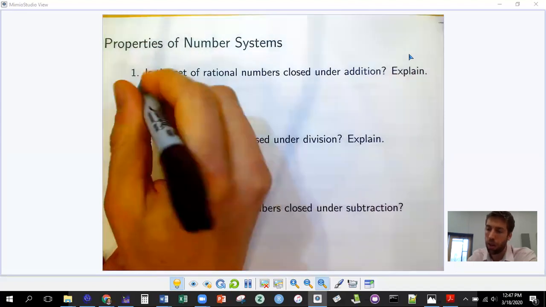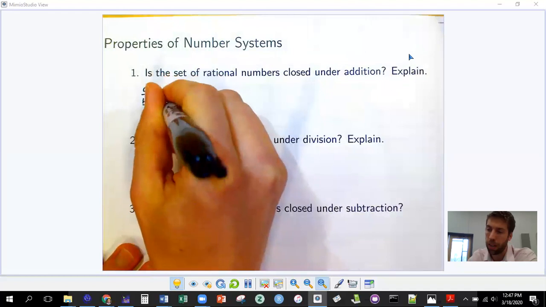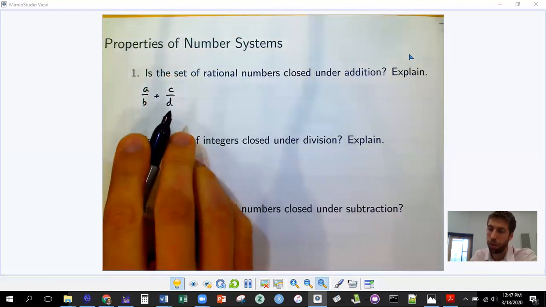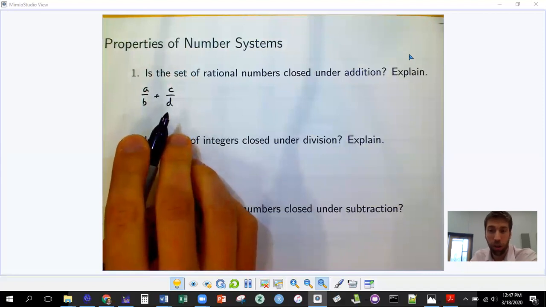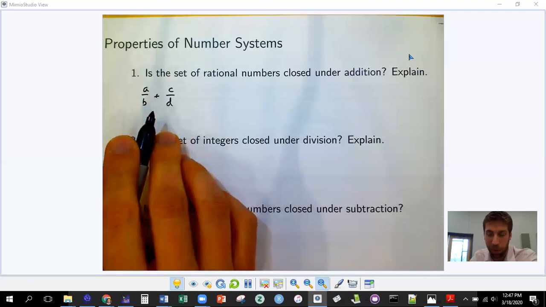And then another arbitrary rational number might be c divided by d, as long as d is not equal to 0. And so then I've got to add these two arbitrary fractions. Well, what do you do in order to add two arbitrary fractions? I don't have the same denominator, so put on your algebra hats. What do we need to do? Common denominator.